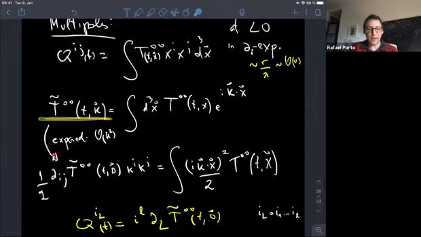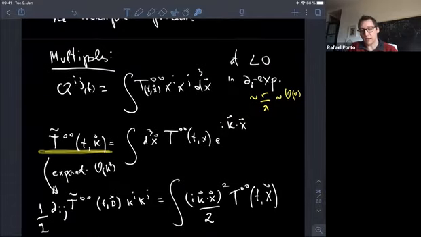So if we expand this side in k, if we expand the Fourier transform of the T00 in momentum, at second order we're gonna have two derivatives. We expand this guy with some coefficient of the expansion of the Fourier transform. And on this side, it's very clear what's happening. So this guy, the support of the k, this is the whole point. The support of the k will be the external radiation. The support of x will be the r, the distance. So the expansion in kr is literally this derivative expansion in r over lambda.